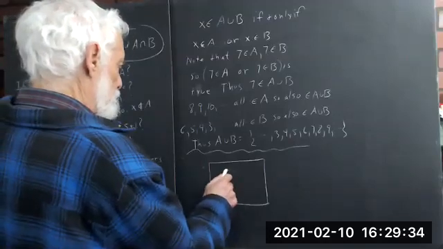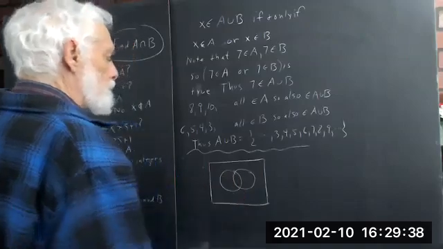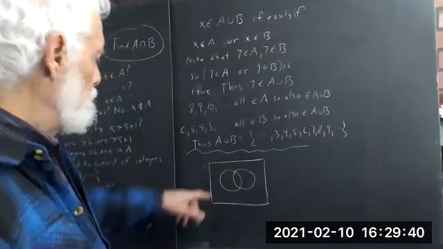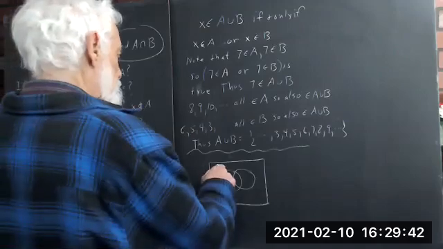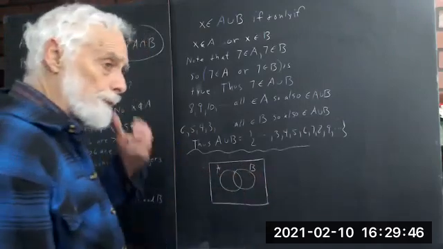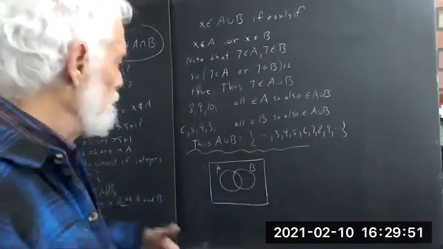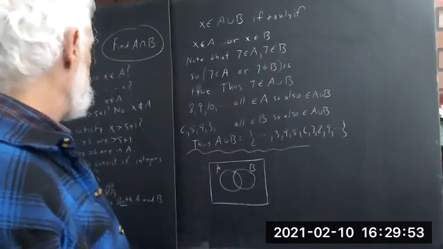And then usually a couple of circles. Again, they could have a different shape. One of these circles represents A, the other represents B. And we have members in different places within the set.